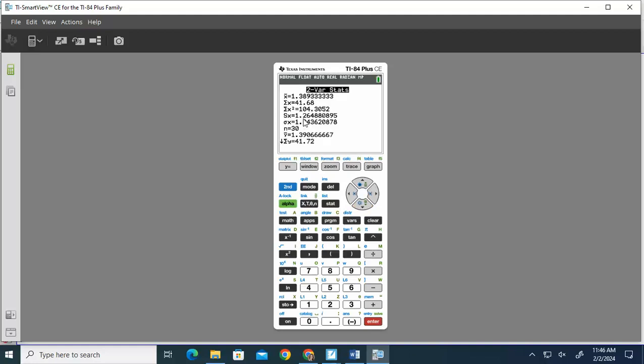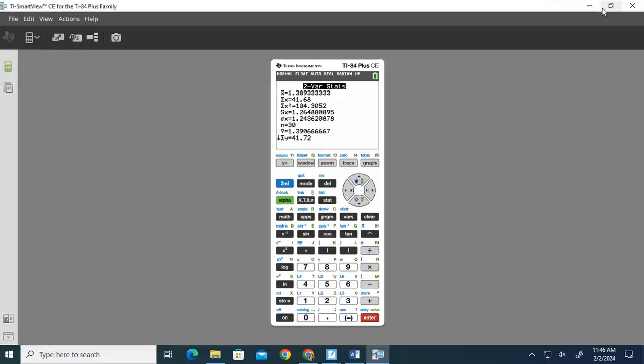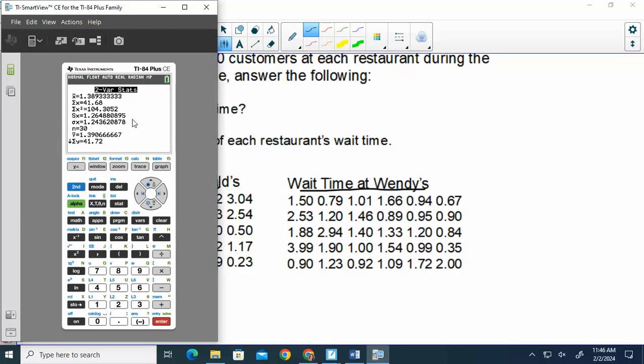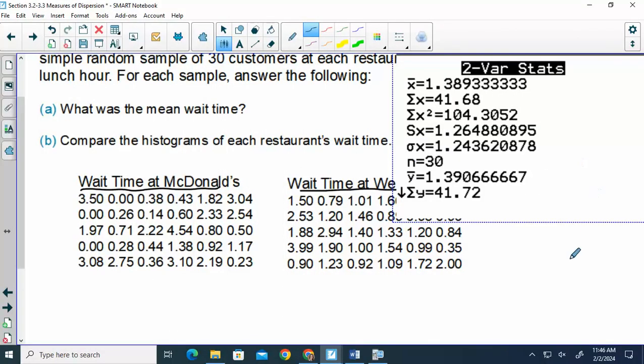Okay, so this is giving me a lot of information. And hopefully, if I typed in my data right, ours looks the same. So this tells me the mean for my X was my first list.